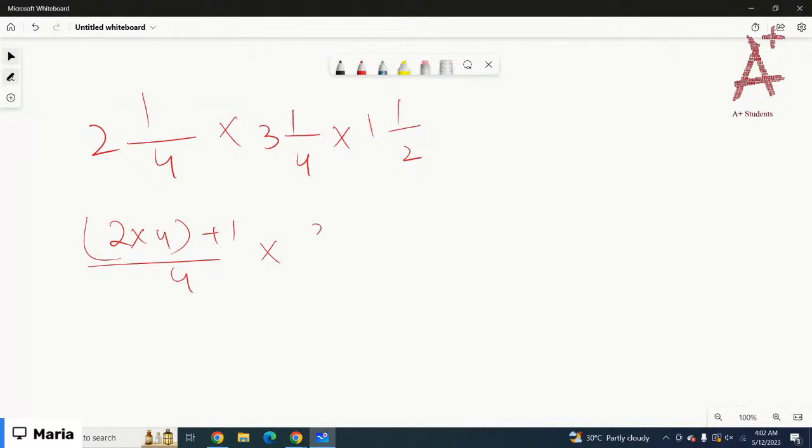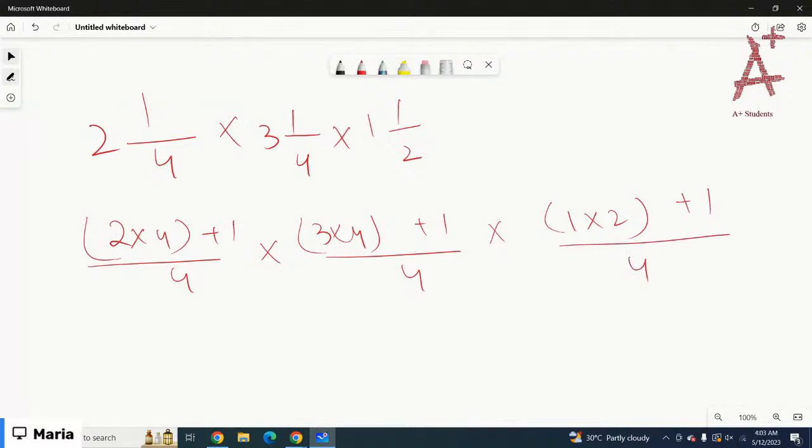For this one, you need to do the same: 3 times 4 plus 1 over 4. Same thing with the third fraction: 1 times 2 plus 1 over 2. So it would be 8 plus 1, 9 over 4. 4 times 3 is 12 plus 1, 13 by 4. And 2 times 1 is 2 plus 1, 3 over 2.